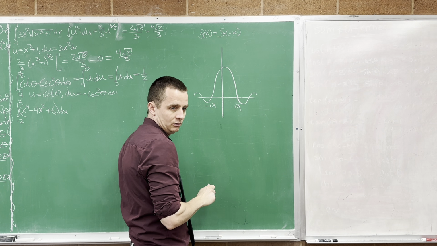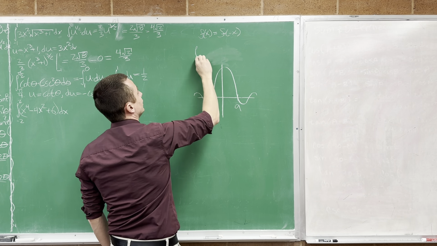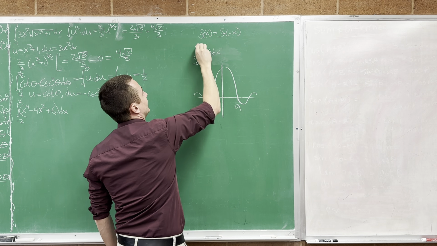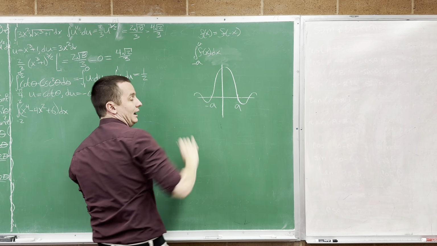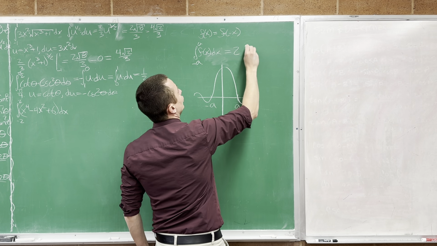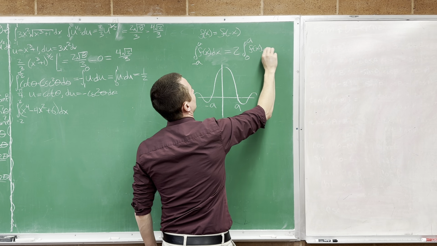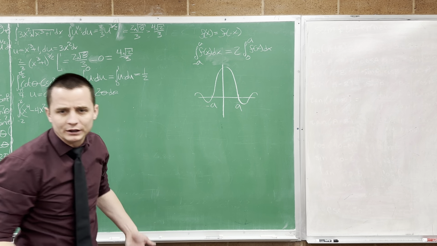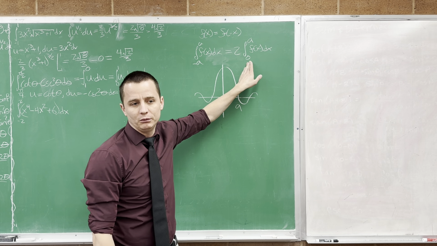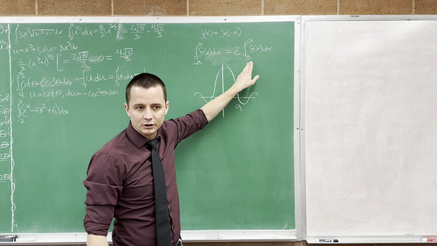So if your function is even, then the integral of f of x with respect to x from -a to a is equal to 2 times the integral from 0 to a of f of x dx. Why is that useful information? Because when we evaluate our integral, we love plugging in 0. It's a nice thing to plug in. You with me?